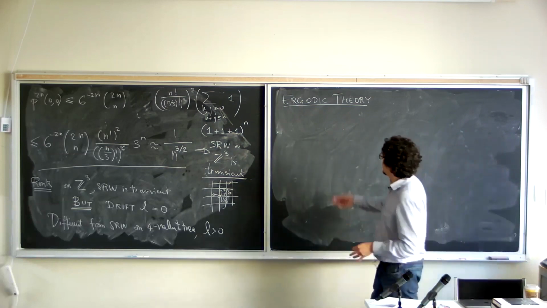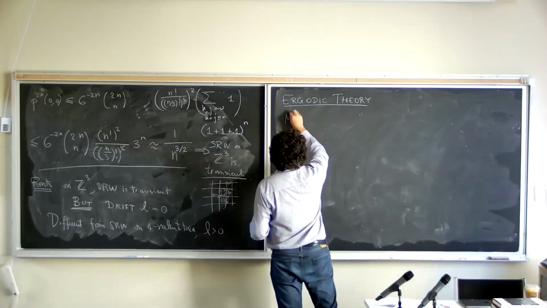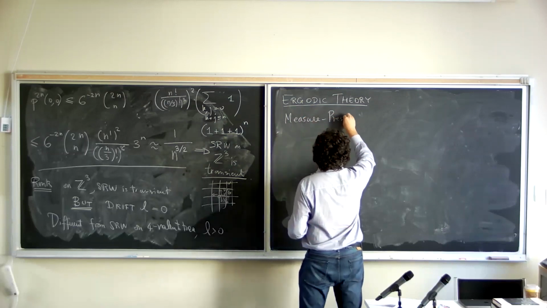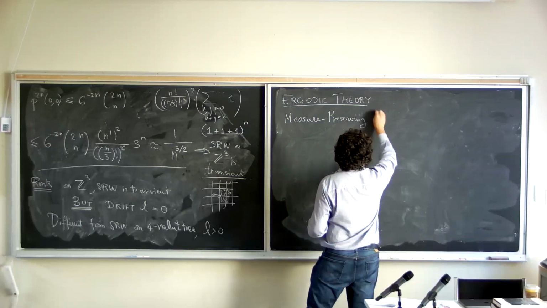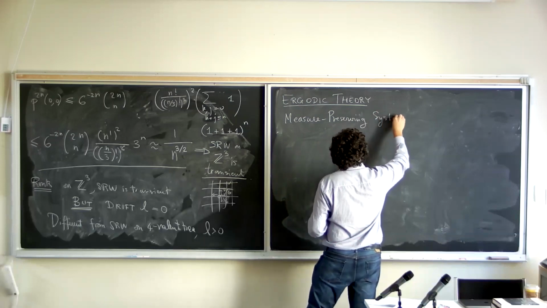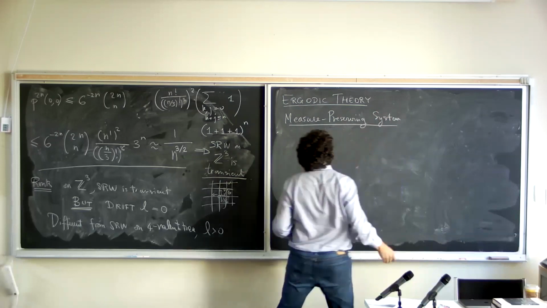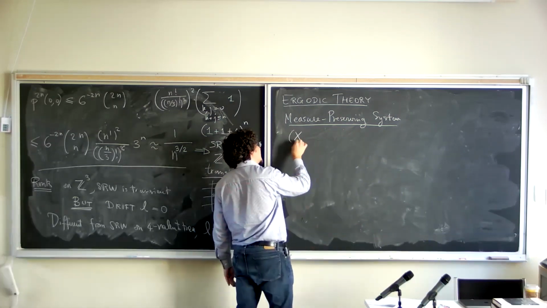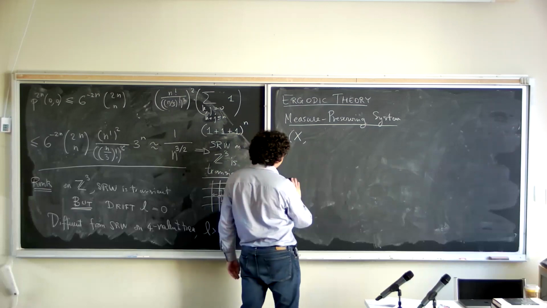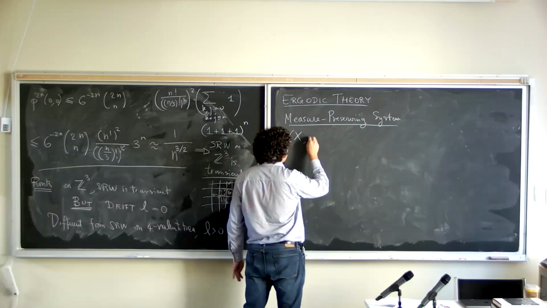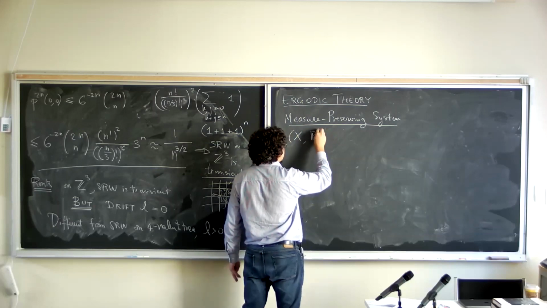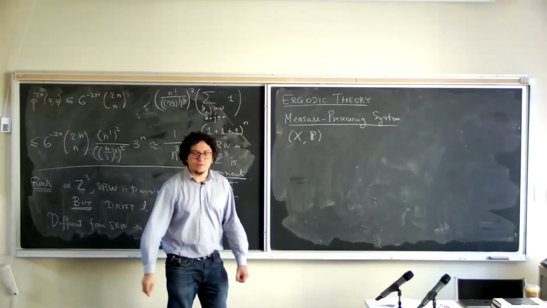So typically, the main object is a measure preserving system. And so what is a measure preserving system? Well, we start with a space, which we call X, and it has a measure, let's say nu or p, depending. Maybe we can call it p, since it's mostly going to be a probability measure for us.